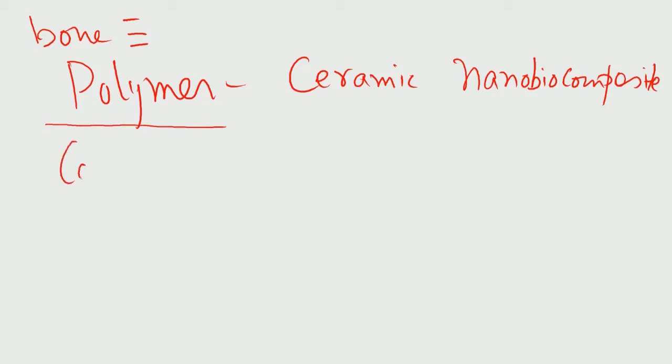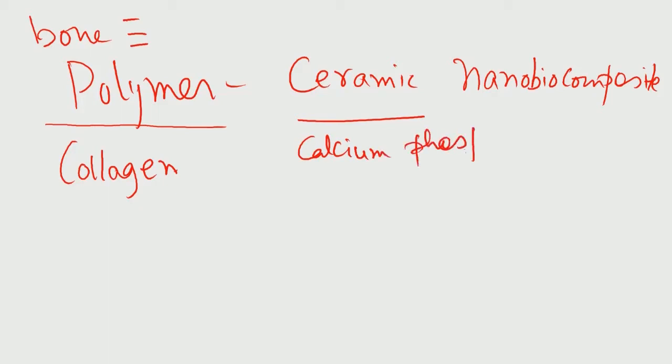Because polymer is represented by collagen here, and ceramic is represented by calcium phosphate. Why is it nano? Because calcium phosphate has a length scale of 5 to 8 nanometer.